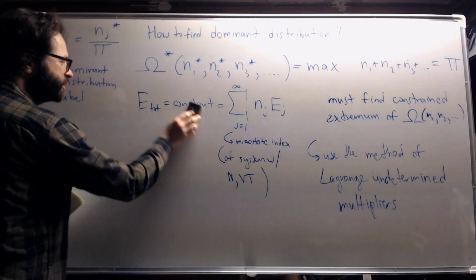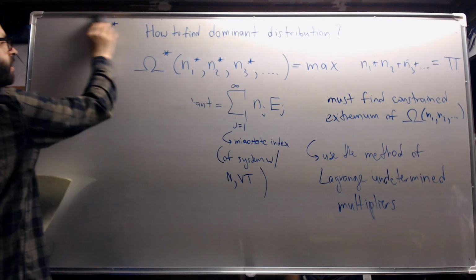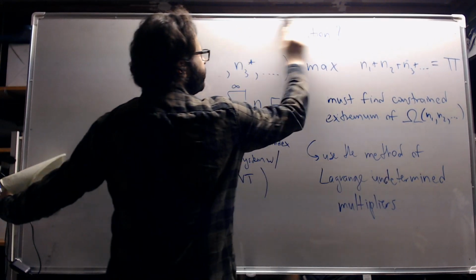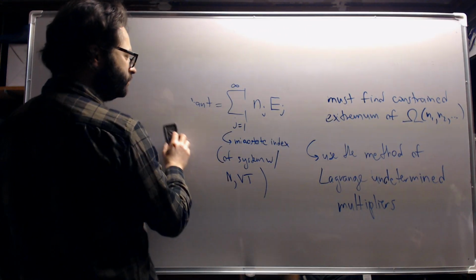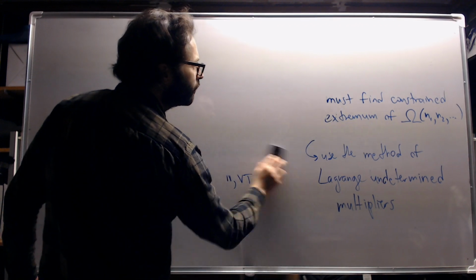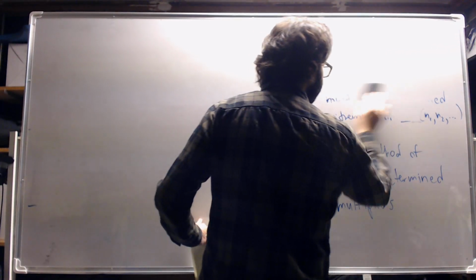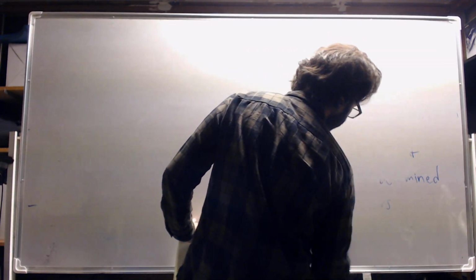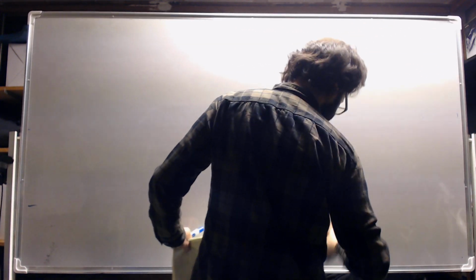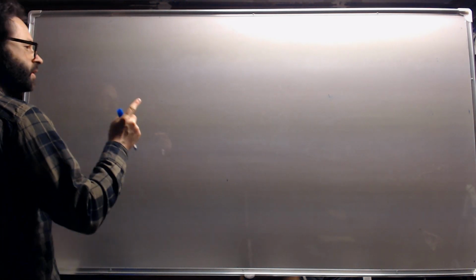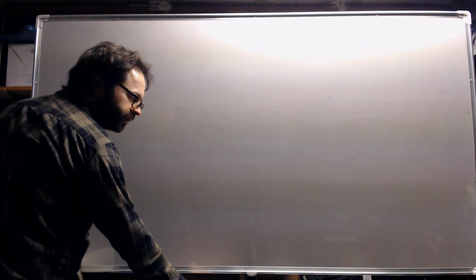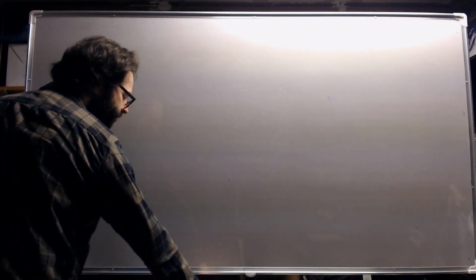Instead of maximizing omega, to find the constrained maximum of omega is the same as finding the unconstrained maximum of a different function. Actually, let me say one more thing before we go on to find this constrained maximum of omega.